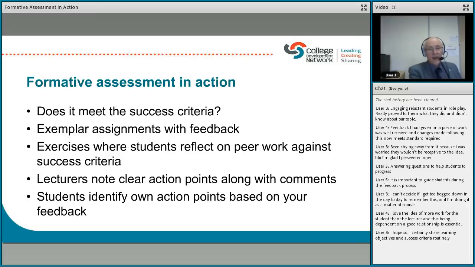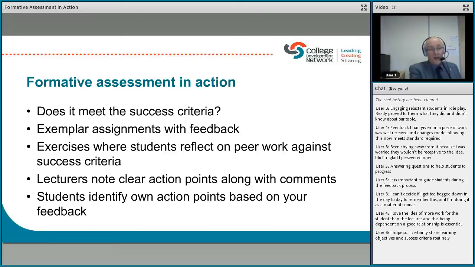Lecturers note clear action points along with comments. Yes. Part of my PACT acronym, I've got to model that. So how do I do that? I put one or two action points along with the comments, because if you've got a lot of comments, which is good, it's developmental and incremental, but if you have clear action points, then that is another nice example of formative assessment in action.